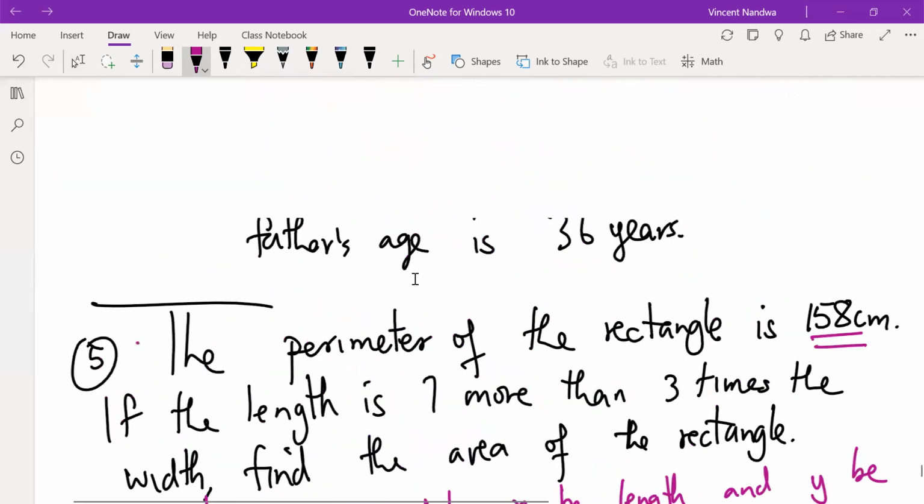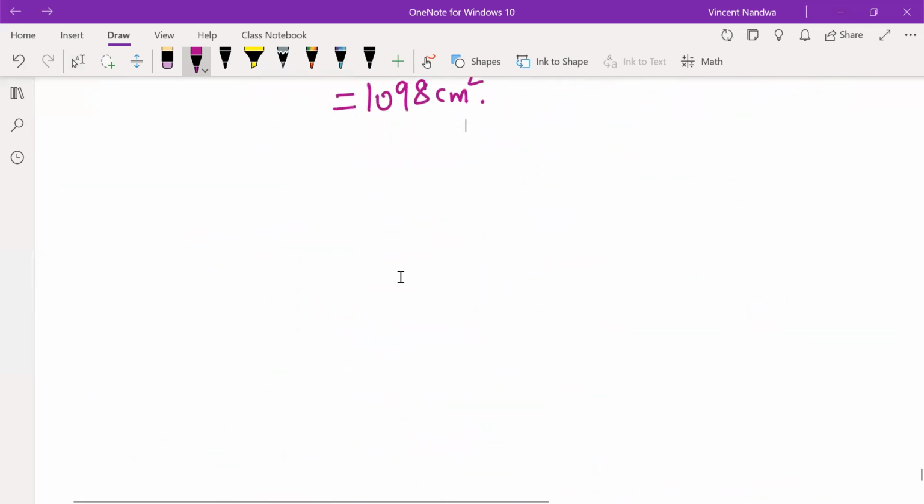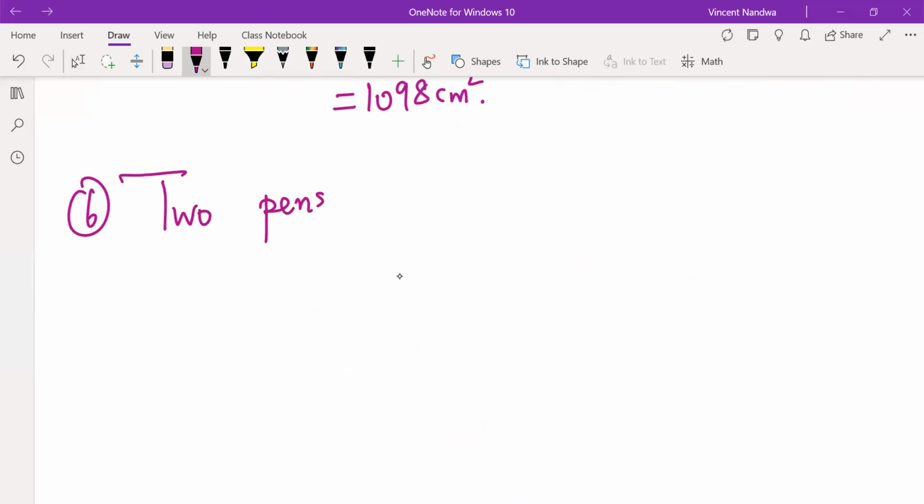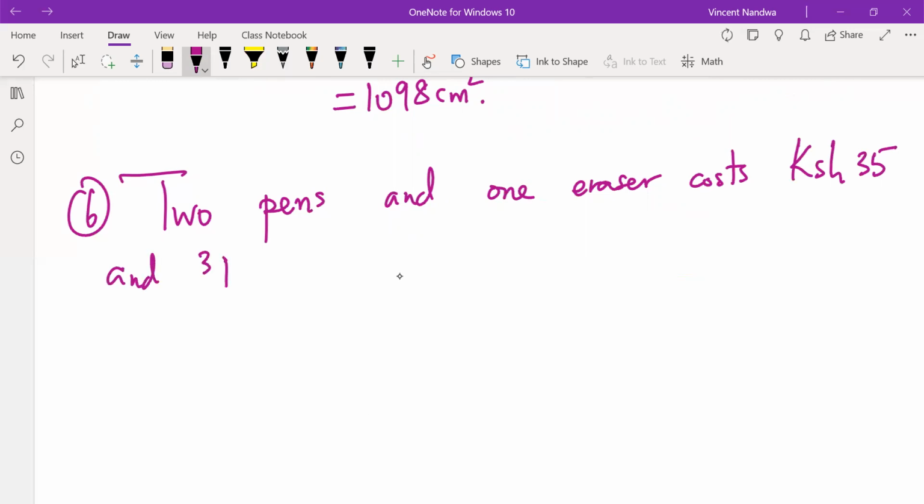And last example on this application of simultaneous equations. 2 pens and 1 eraser costs 35 Kenya shillings, and 3 pens and 4 erasers costs 65 Kenya shillings.